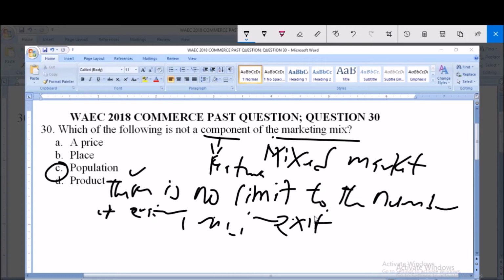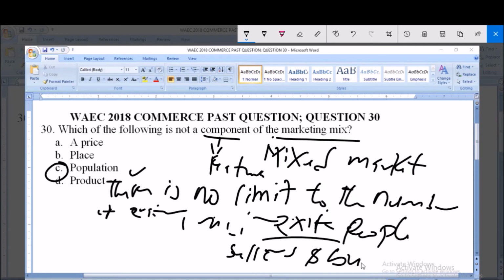That is, population here means people, and the people I refer to here means sellers and buyers. So there is no number or limitation to it.